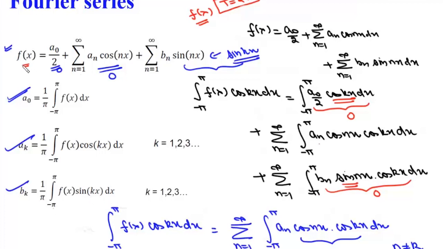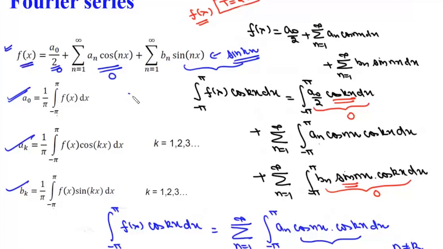So for any function f(x) which is 2 pi periodic, we can express it as a0 by 2 plus the summation an cos nx plus summation bn sin nx, where a0 is 1 upon pi, the integral from minus pi to pi of f(x) dx, and any general coefficient an will be 1 upon pi, integral from minus pi to plus pi of f(x) cos nx dx, and this bn will be 1 upon pi, the integral from minus pi to plus pi of f(x) sin nx dx.